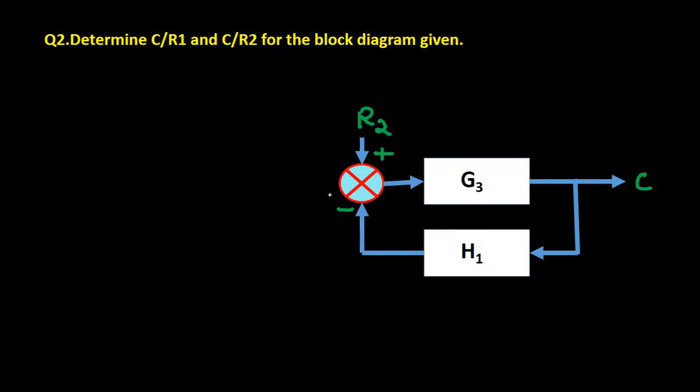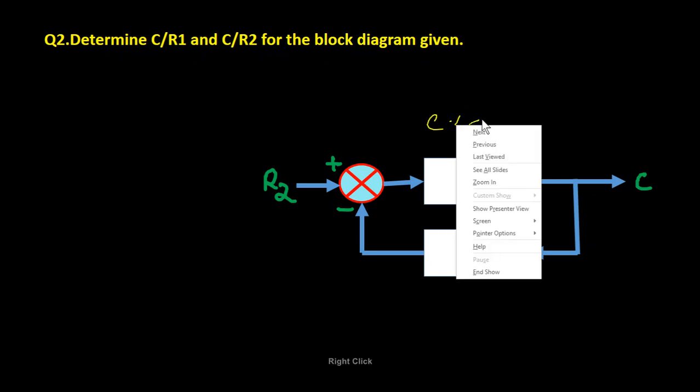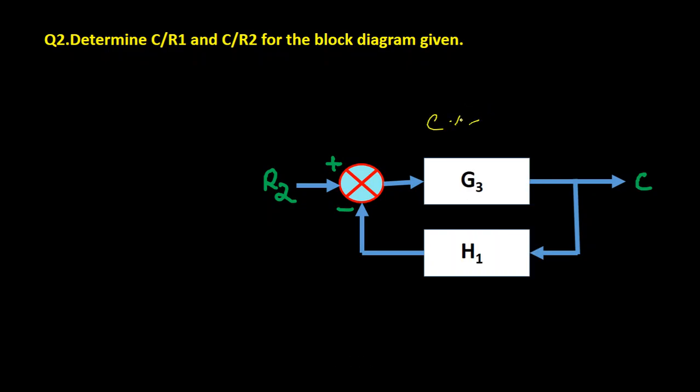So we can represent it like this also. We are shifting this R2 to the horizontal side. So we get this type of block diagram. This is the closed loop system. Now for the closed loop system, we know that the transfer function is equal to G upon 1 plus GH.